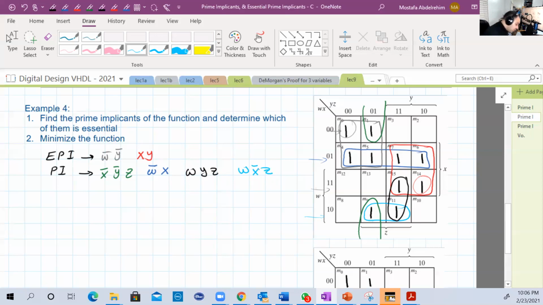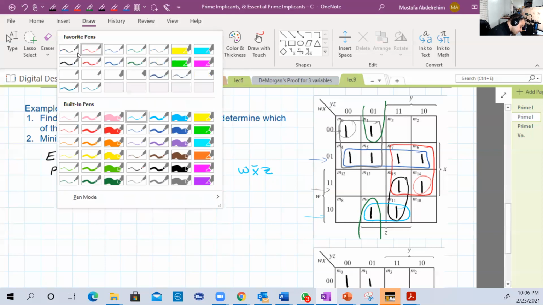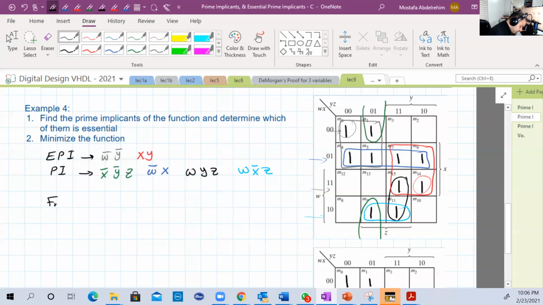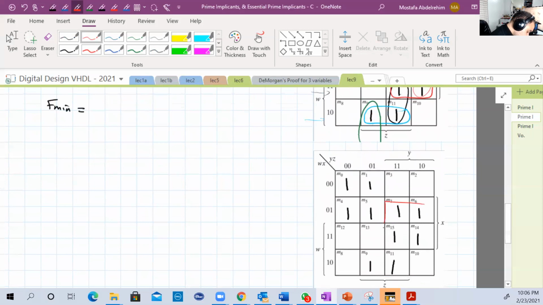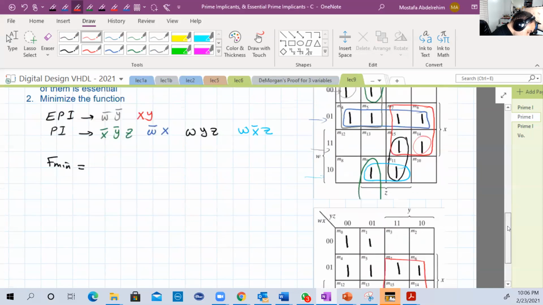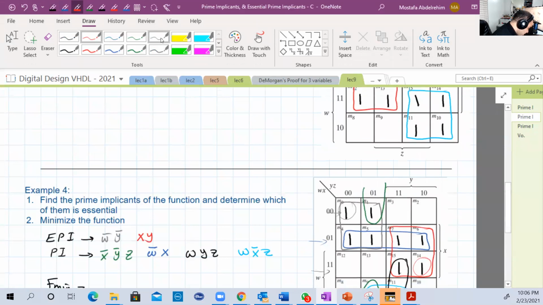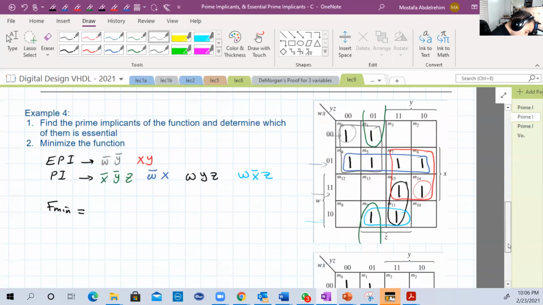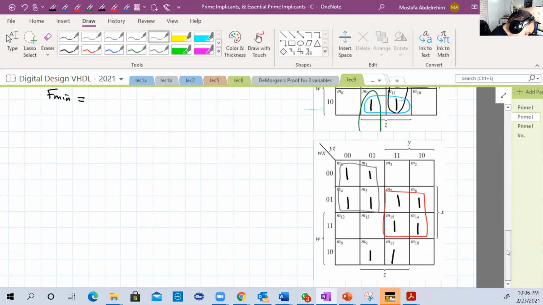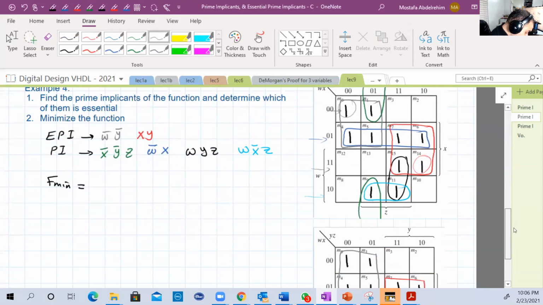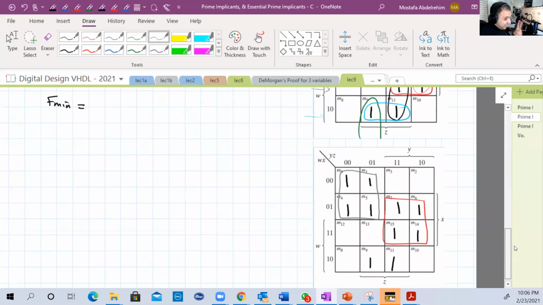Okay. Now the minimized F minimum equal to, again, locate all the essentials. So we have the red is essential, and the gray is also essential. And now look, we covered all the ones except two of them.